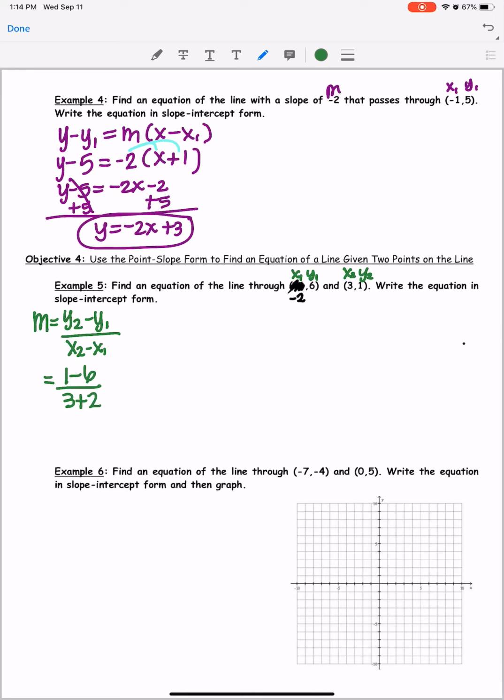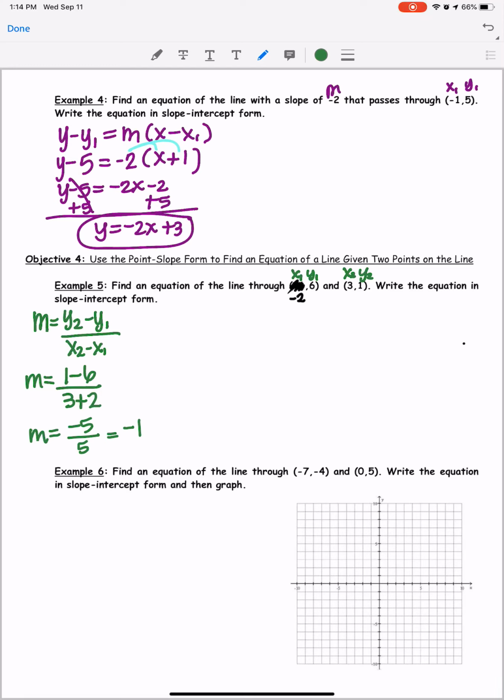Okay, so simplify. One minus 6 is -5. 3 plus 2 is 5. -5 divided by 5 is -1. So that's my slope.